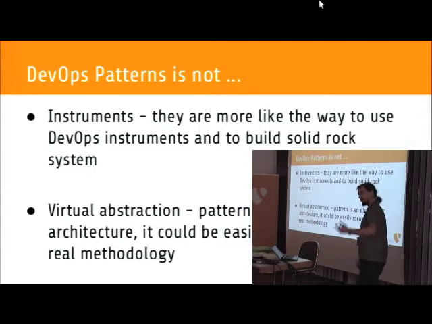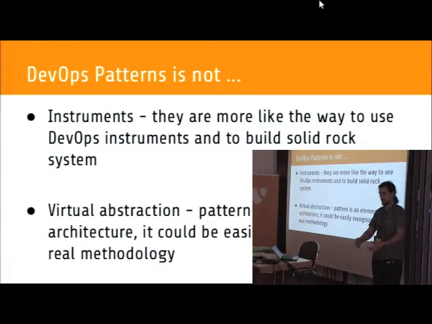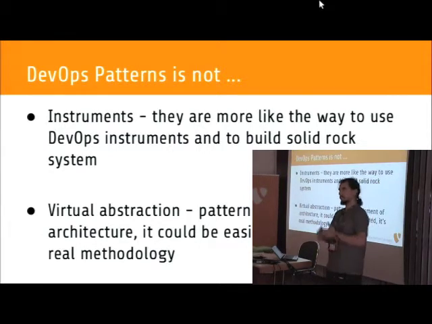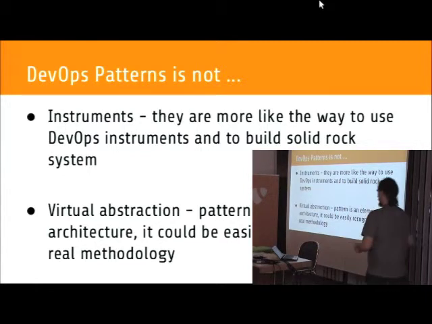DevOps patterns are not real instruments. It's not Capistrano, it's not Salt, it's not TYPO3 Surf directly. This is not DevOps patterns, because DevOps patterns are more like a methodology. And the instruments are the way the DevOps patterns are applied and processed.